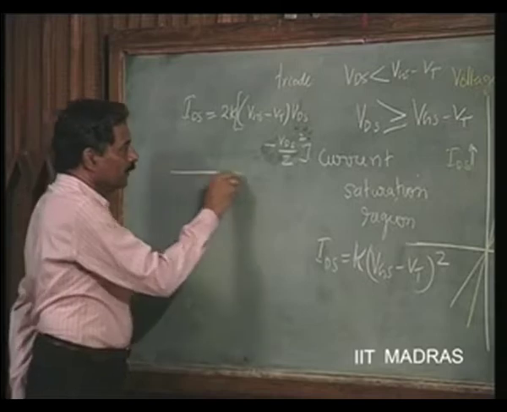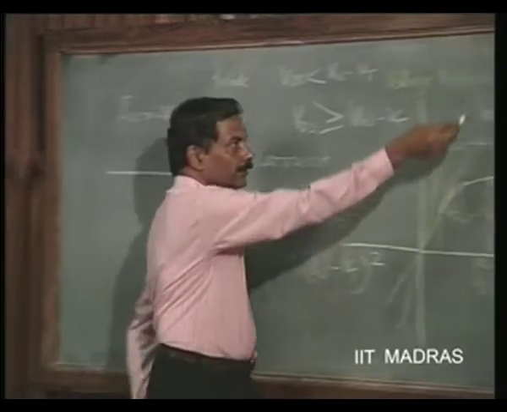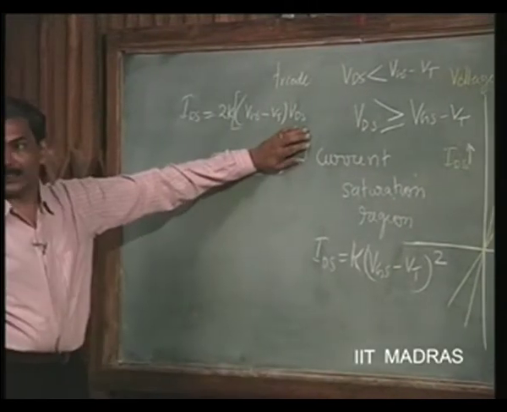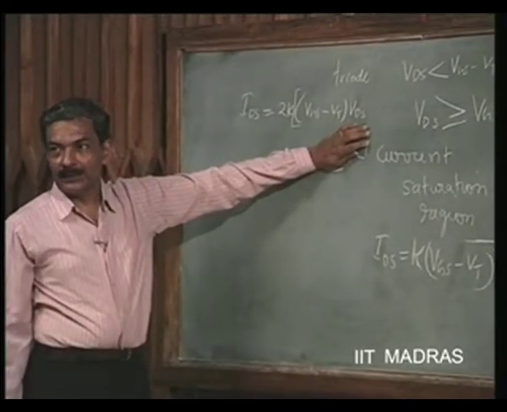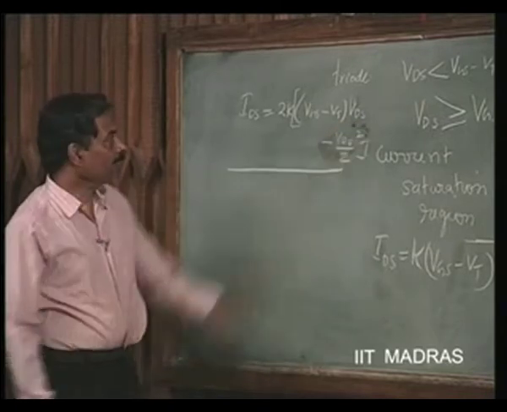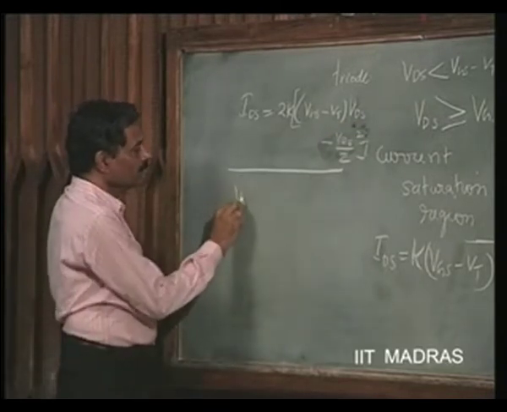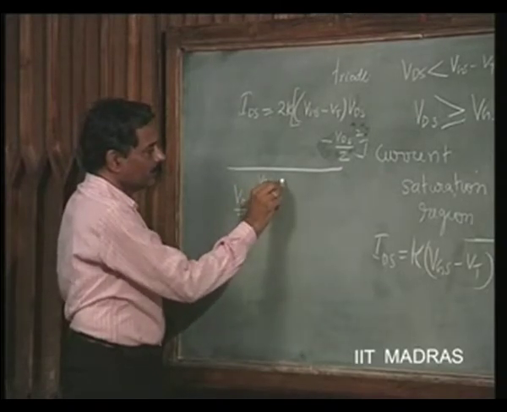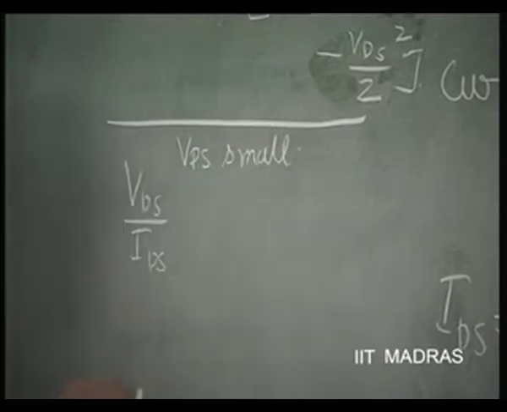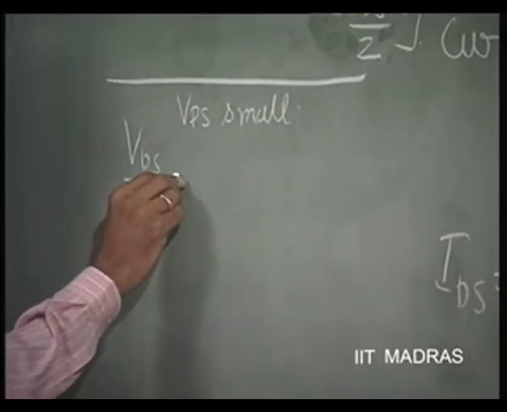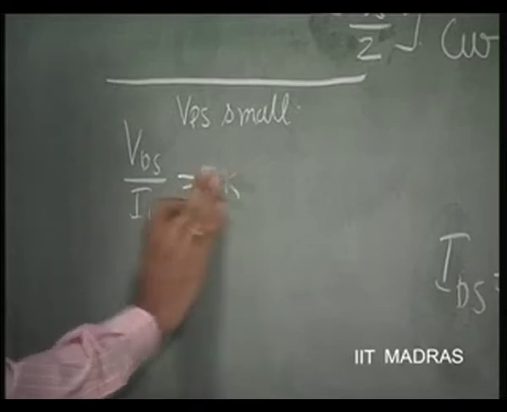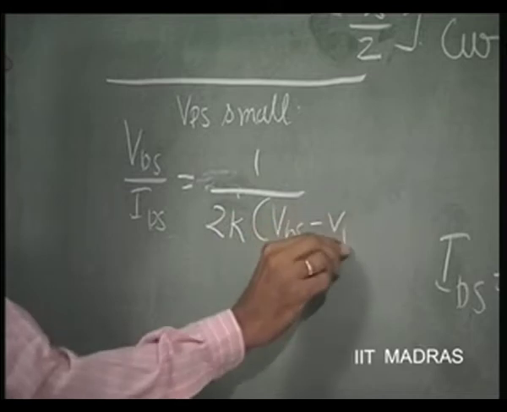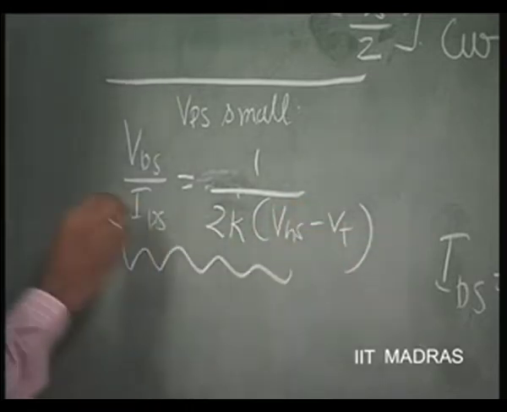So, this is the exact relationship below this. When VDS is very small, we can neglect this square law and assume it to be perfectly linear and treat it as a resistance corresponding to VDS by IDS, VDS very small. Then VDS by IDS is equal to 1 over 2K into VGS minus VT, a resistance.